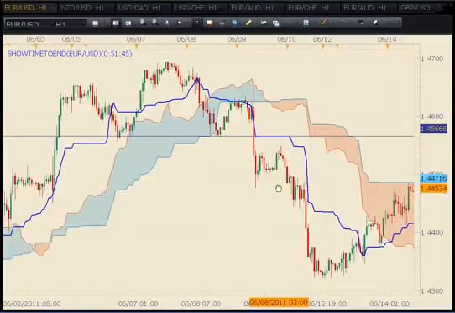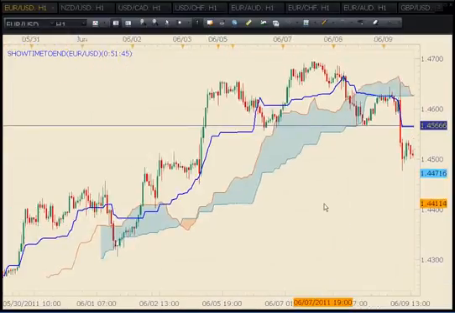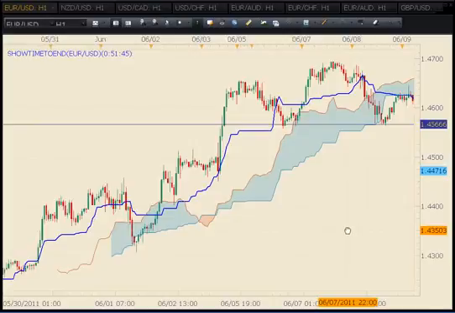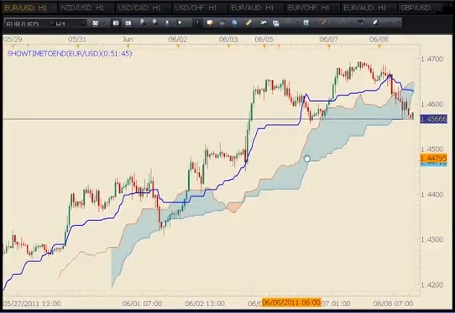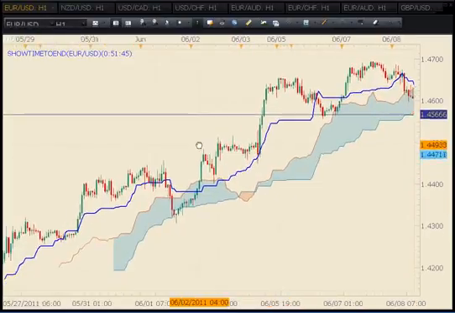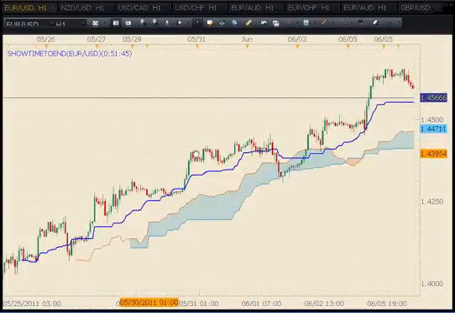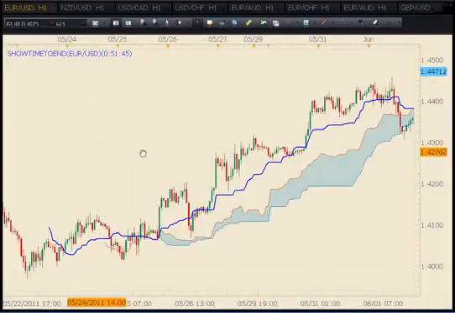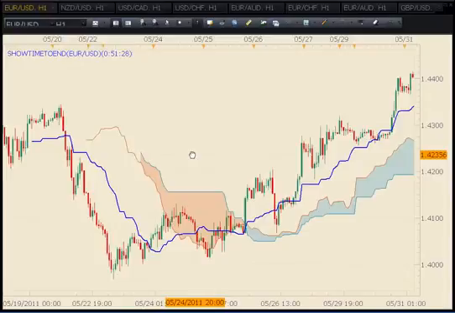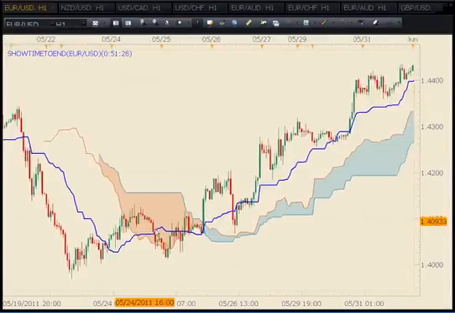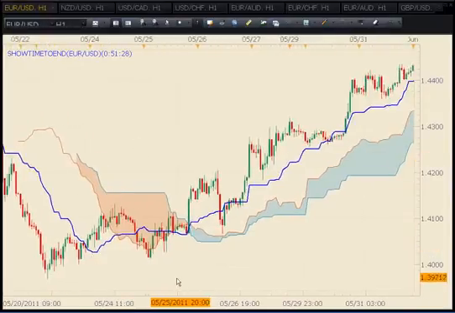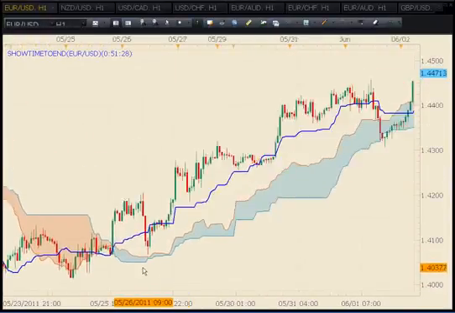Okay, if you take this chart and you look at what price was doing, we'll go back here, and I'm going to show you how to trade this. Alright, let's start from right here.